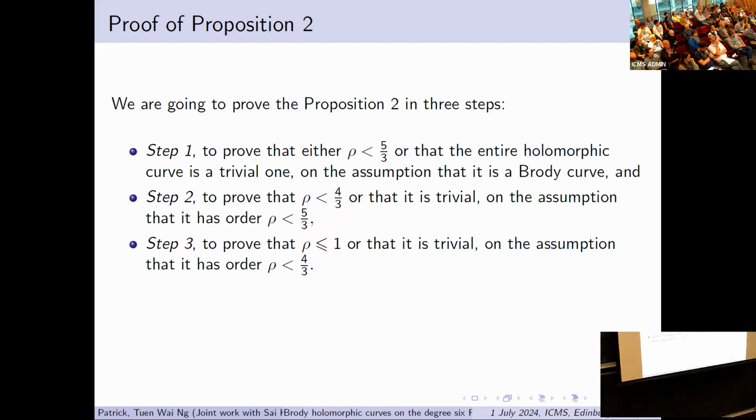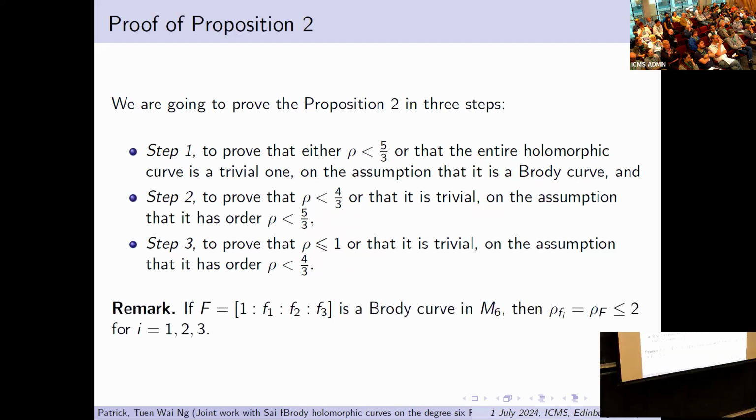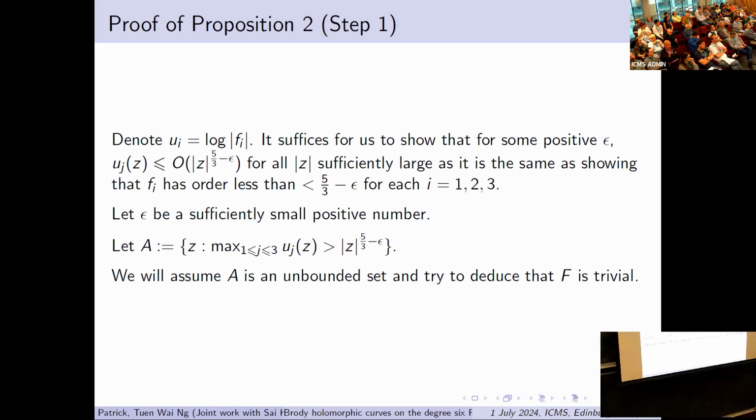Now in the first step, you assume the curve is a Brody curve, and it is a well-known fact that for a Brody curve the order is less than or equal to 2. So you start from 2 and then you get 5 over 3, and then from 5 over 3 you get 4 over 3, and so on. So that's the strategy for proving it.